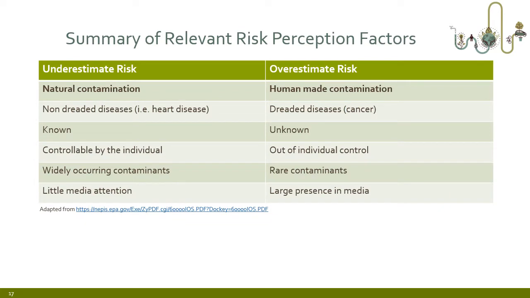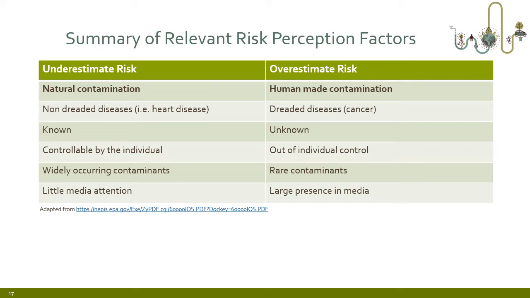An interplay among a number of complex factors will influence perception of risk for individuals and communities. Here we highlight some factors that frequently lead to a perceived risk that under or overestimates true risk. For example, naturally occurring contaminants are often perceived to be less risky than human-made contaminants, though some naturally occurring contaminants are equally or even more dangerous than some human-made chemicals.